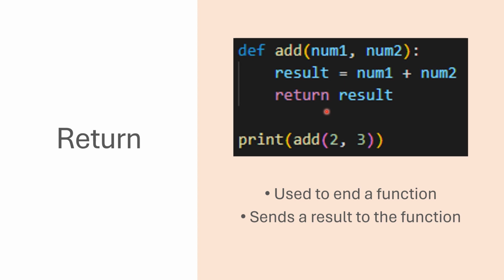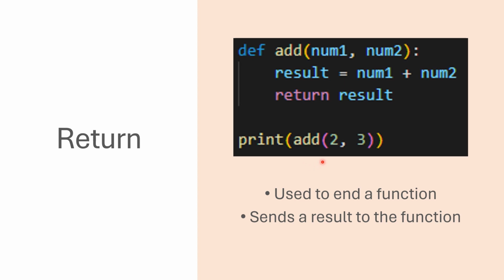That is not possible, you can only return a variable. And then of course you need to print our result. Our result is actually add, because this will be sent to the function. So we do need to print it.